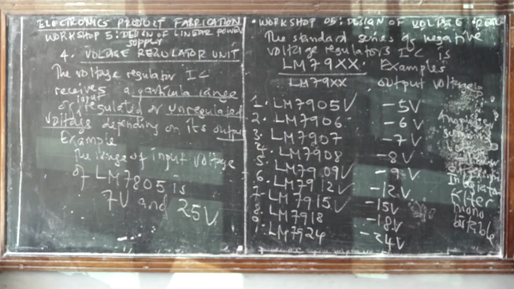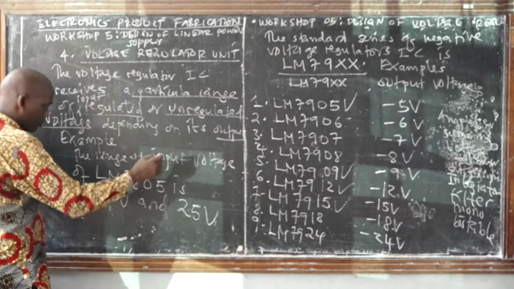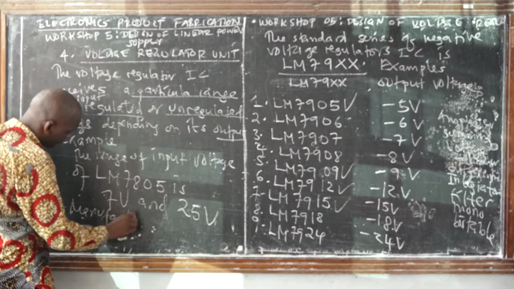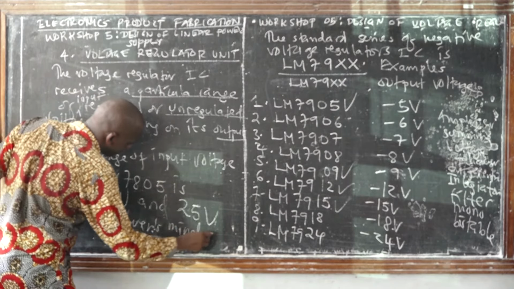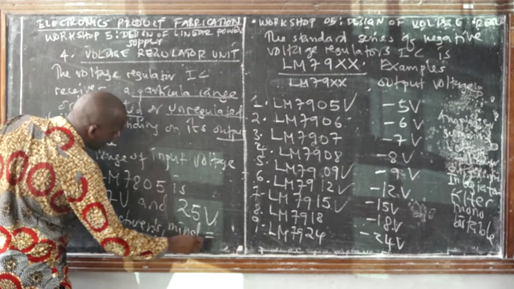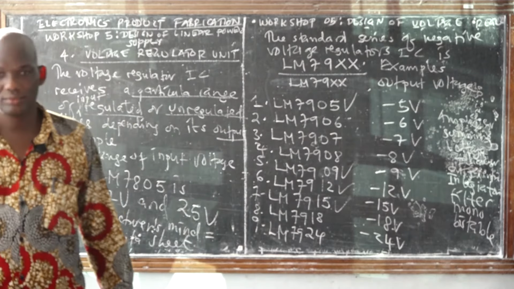Are we together, class? Should I repeat? I say, this is according to the data sheet. In electronics, this is called the data sheet. The manufacturer is the one who knows the specifications of the IC more than anybody else.